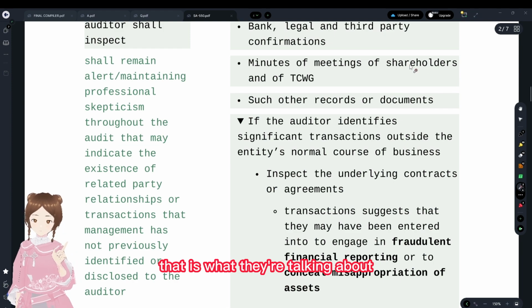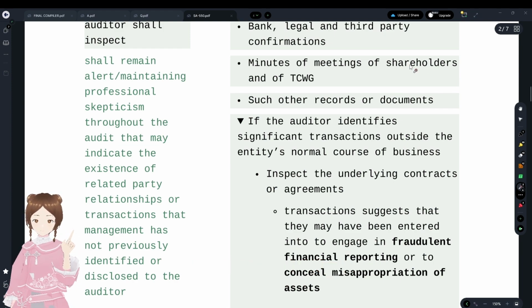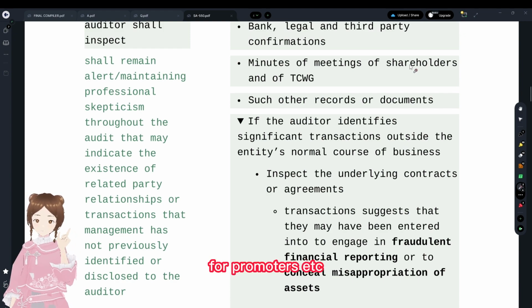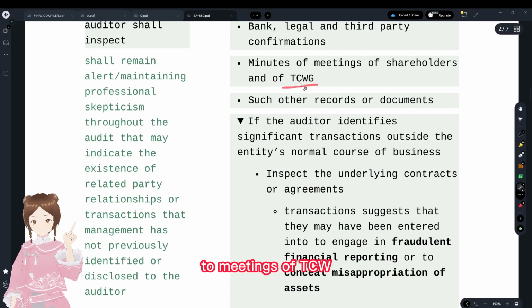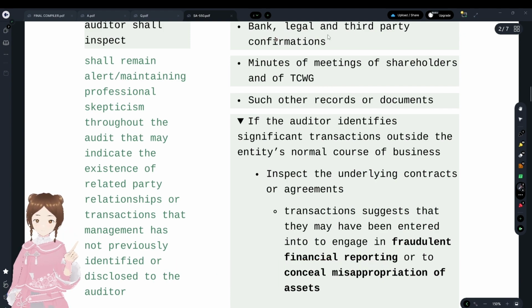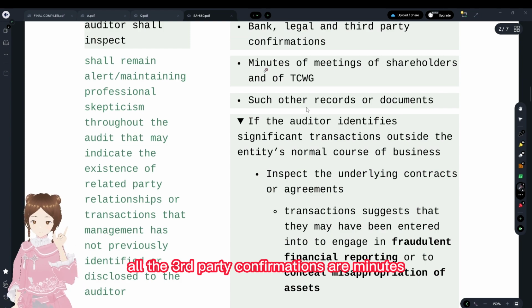That is what they're talking about with regards to parties who have significant control, like shareholders who are promoters etc., and meetings of TCWG and such other records and documents.